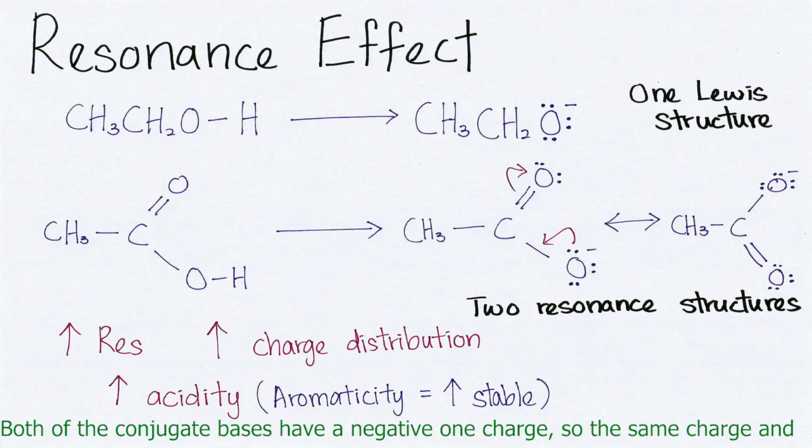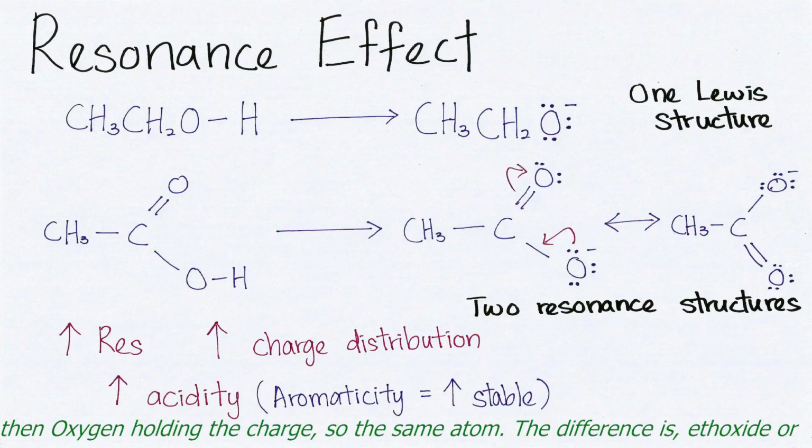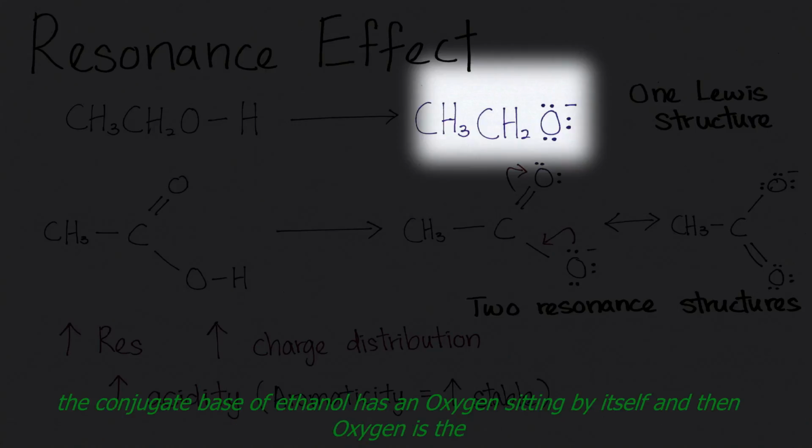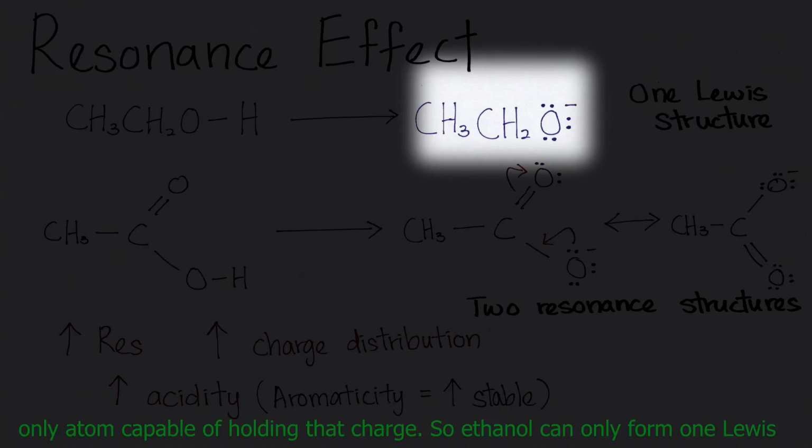Both of the conjugate bases have a -1 charge, with the oxygen holding the charge, so the charge is on the same atom. The difference is that ethoxide, the conjugate base of ethanol, has an oxygen sitting by itself, and that oxygen is the only atom capable of holding that charge.